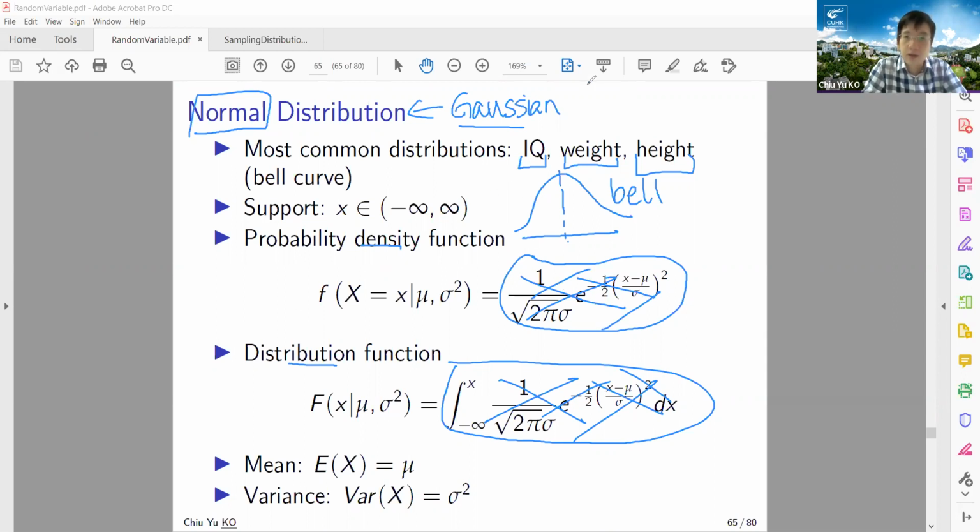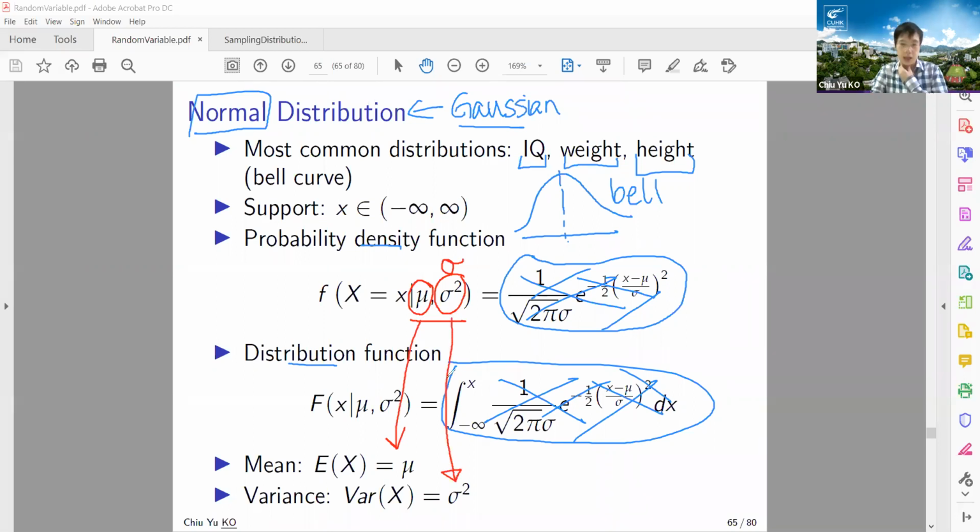But the key here you need to see is this function has 2 parameters, mu and sigma square. Sometimes people just write sigma, but it's the same thing as sigma square. The key here is these 2 parameters: mu is the mean and sigma square is the variance.